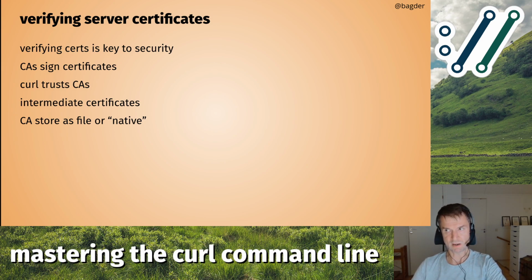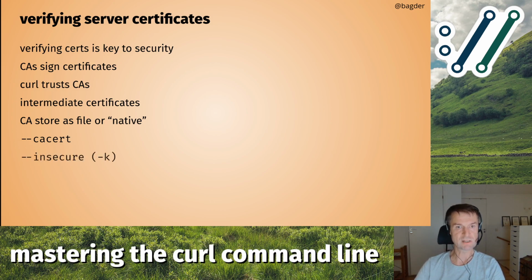So basically cURL just asks the operating system, is this trusted, and they tell you. Otherwise you can use the --cacert option to point to a file. These are my CA certs that we should trust, and you can edit that and only provide the CAs that you trust.